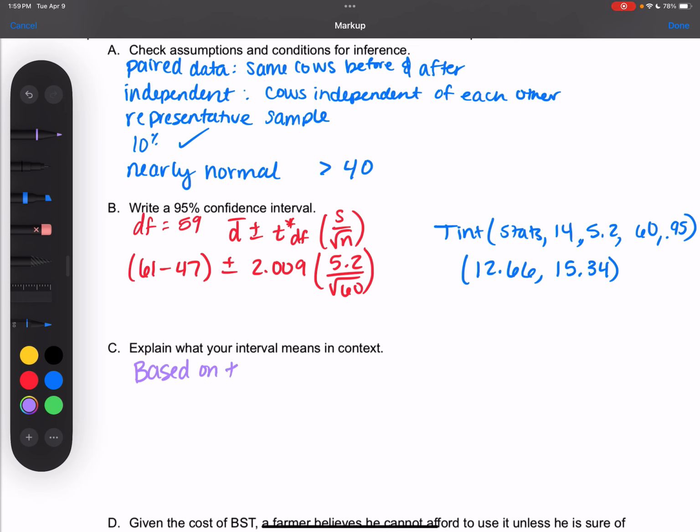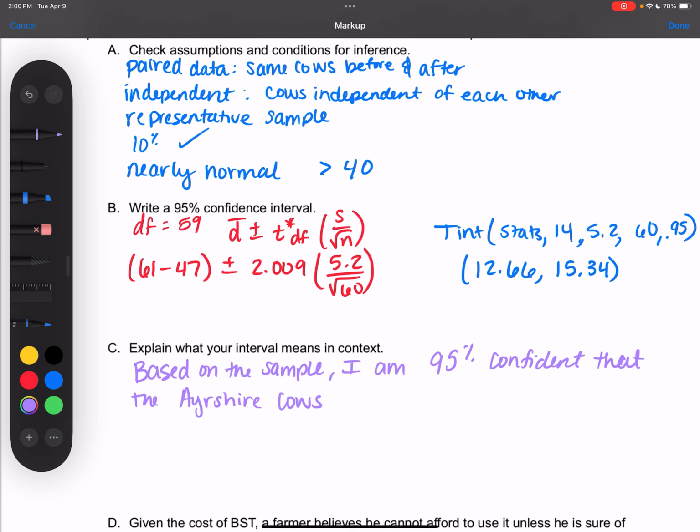Based on the sample, I am 95% confident that, and I would be specific when you talk about the kind of cows and say the specific name, something about the increase in milk in the Ayrshire cows, like the increase in their daily production of milk, is an increase between 12.66 and 15.34 pounds. Yeah, something along those lines.